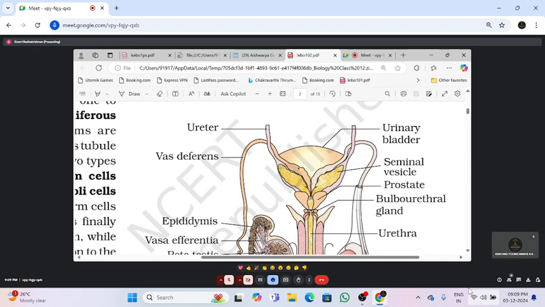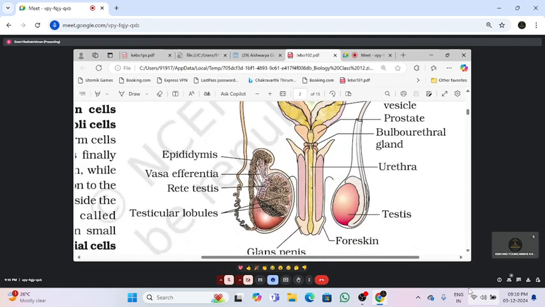Now this goes to the seminal vesicle, and below the seminal vesicle is the prostate, and then the bulbourethral gland.